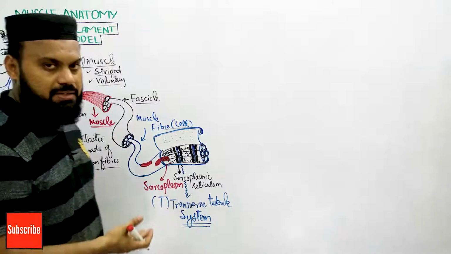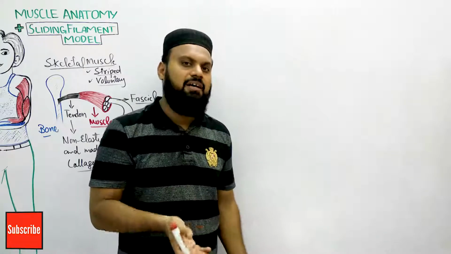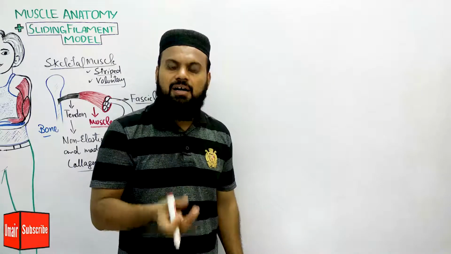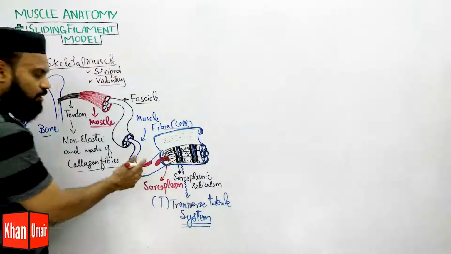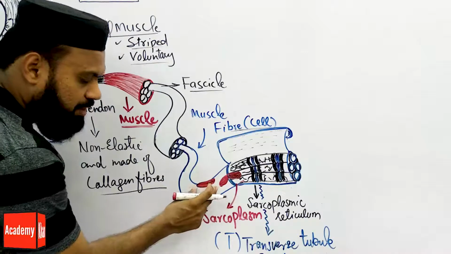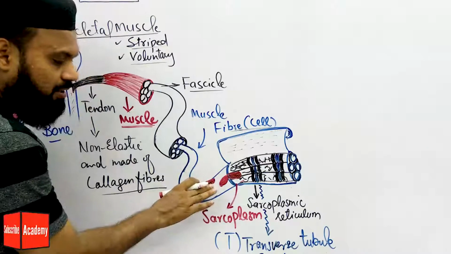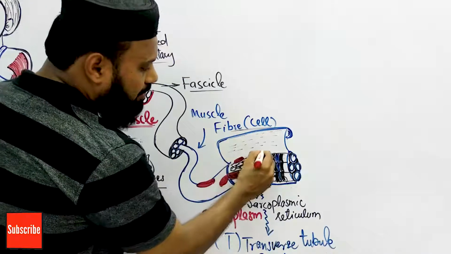The question is very simple. The nucleus is under the skin, as in a normal cell, the nuclei are present inside the cell, but there is a bulging, a bulge which can be seen on the skin, but here many nuclei are present.